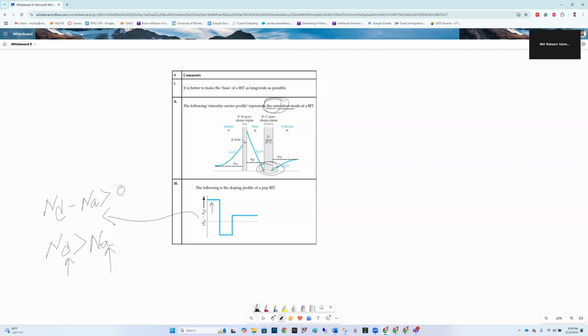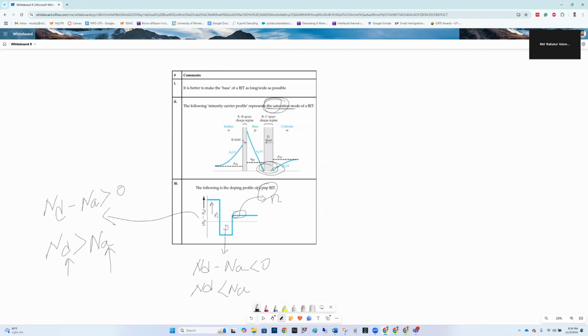So donor concentration is greater than acceptor concentration, which means this should be N type, right? And here Nd minus Na is negative, less than 0, so the acceptor concentration is greater, so this is a P region. And similarly, here Nd minus Na is positive, so this is an N region. So this is an NPN BJT, not PNP. So this is false as well.